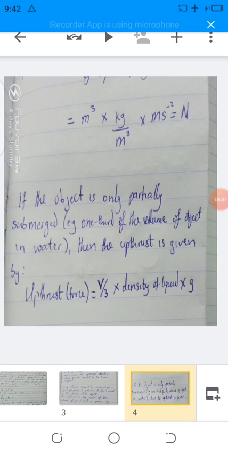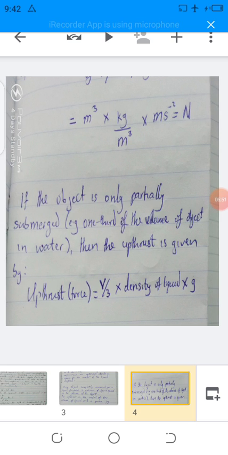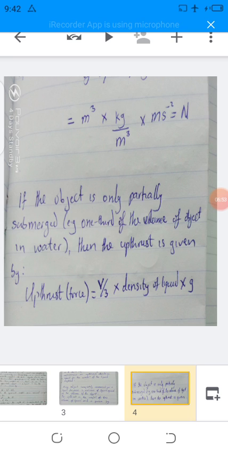If the object is only partly submerged in water, e.g. 1/3 of the volume of the object in water, then the upthrust is given by the following. Since 1/3 of the object is what is immersed in water, the volume of the liquid displaced will also be 1/3 of the volume of the object.